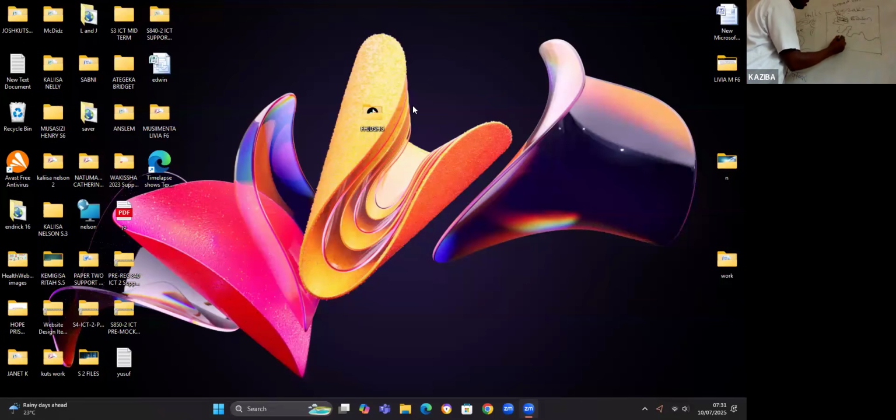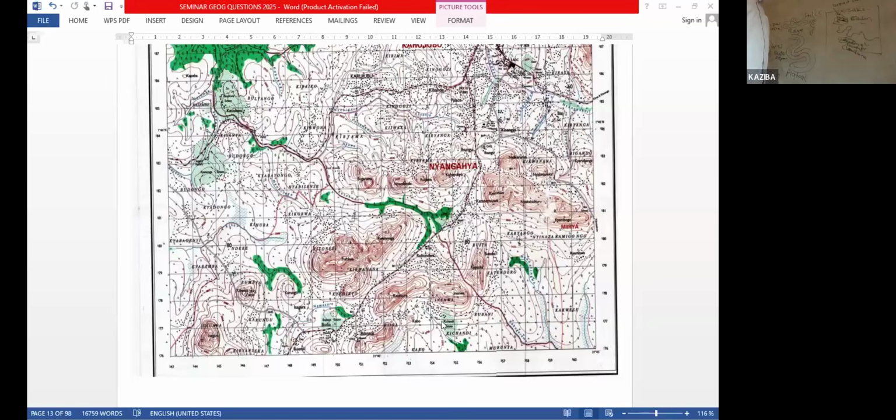Now, where you have seasonal swamps, automatically that is a lowland. They have seasonal swamps, that's a lowland.